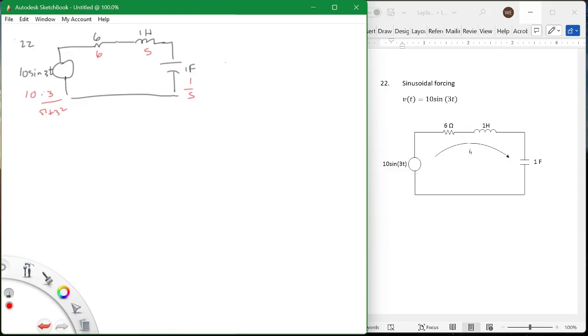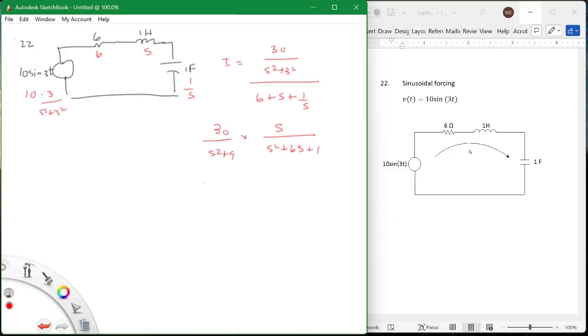Now, what is I of s? I equals 30 over s squared plus 9, times s squared plus 6s plus 1. Okay, yeah.